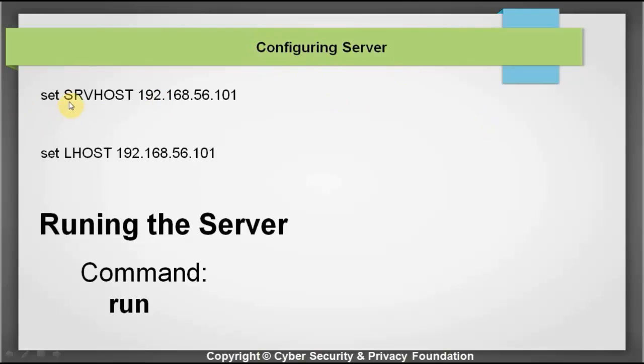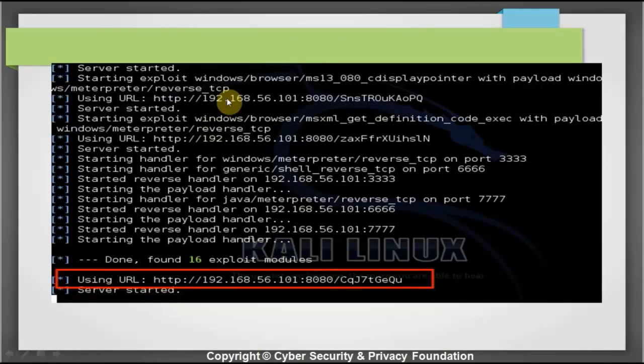So you're going to give set SRVHOST, and that is the IP address of the attacker, and we're also going to set LHOST, which is also the IP address of the attacker. And in order to start running the server, you simply give the command run.